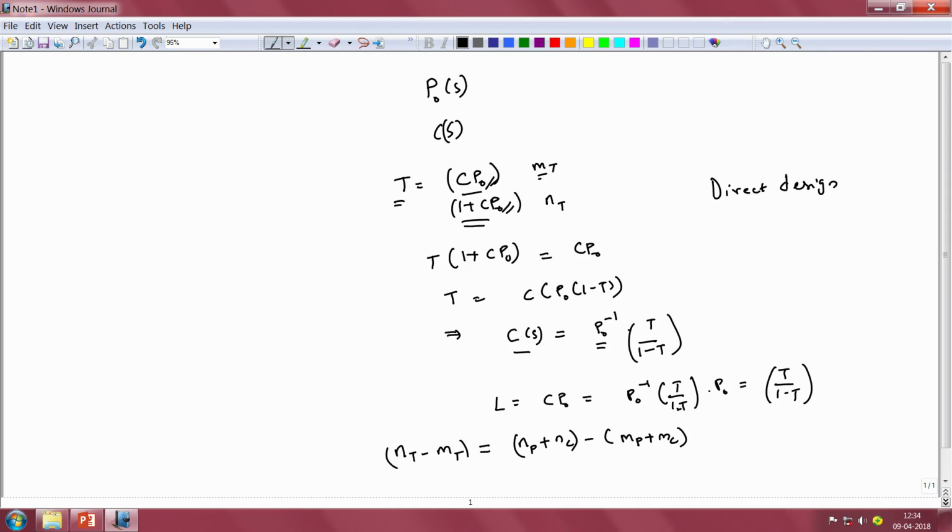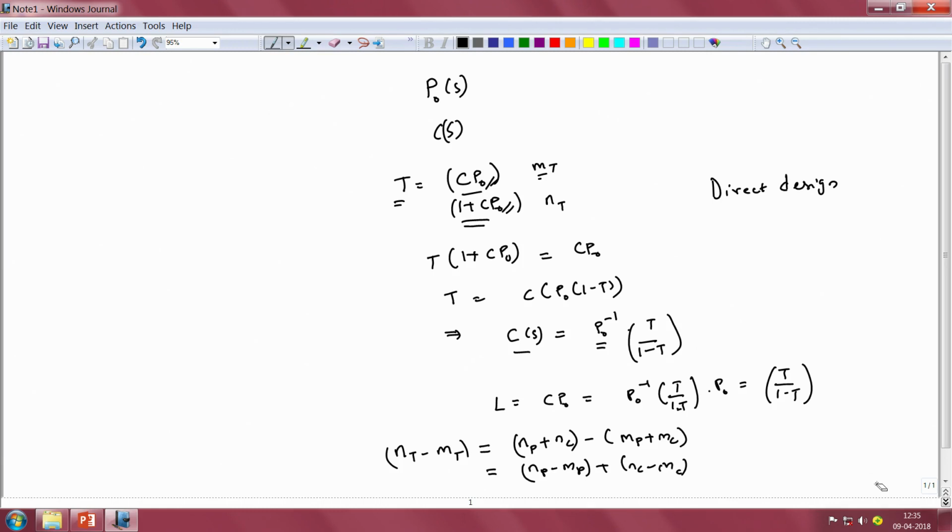Now we know that each of these systems needs to be physically realizable. So nt minus mt is equal to np minus mp plus nc minus mc.